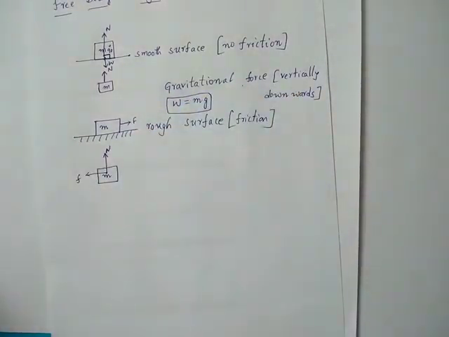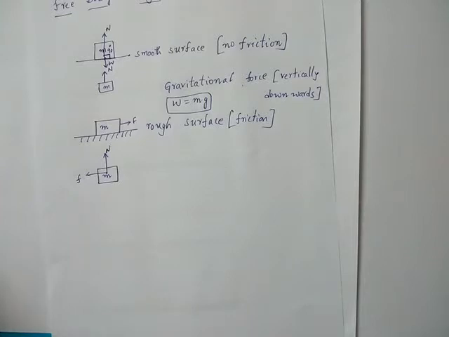So gravitational force means the force with which earth pulls us towards the center of the earth. We call it as weight. Okay. Understood? Gravitational force is a force which pulls us towards the center of the earth.